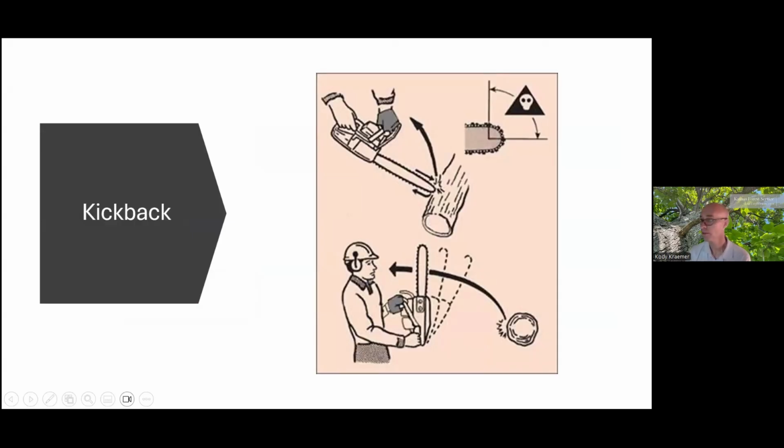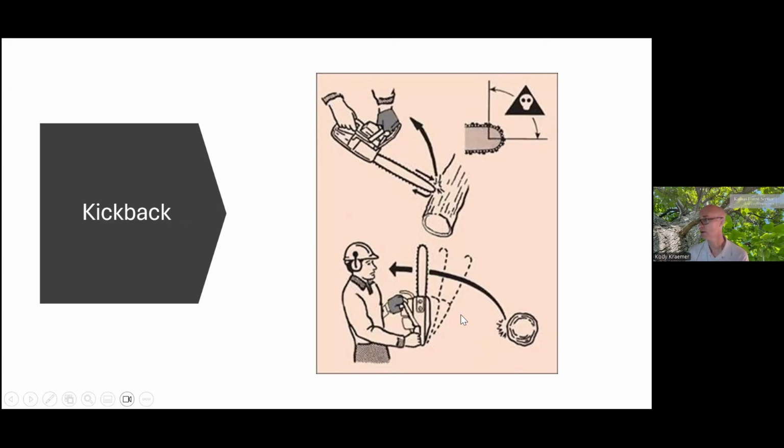The third one, and the one that's most dangerous and the one that we'll probably spend a little bit more time talking about, is kickback. And so if you think about, once again, the direction that that chain is moving, and you encounter the top bar tip and nothing else, because of the crazy fast speeds of the chain, you're going to experience a force that wants to kick the tip of the bar up.